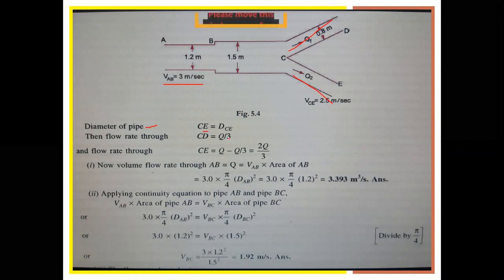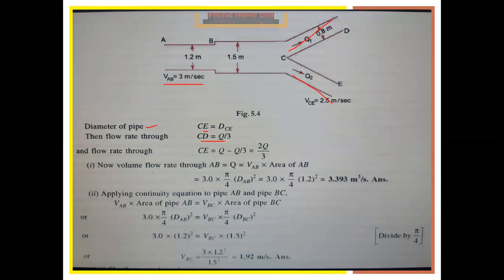Then the flow rate in CD is equal to Q by 3, one third of the flow rate. Therefore, the flow rate through CE is Q minus Q by 3, that is equal to 2Q by 3.